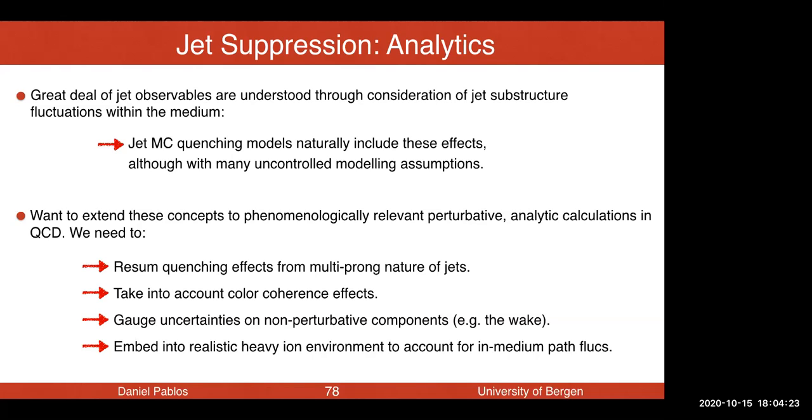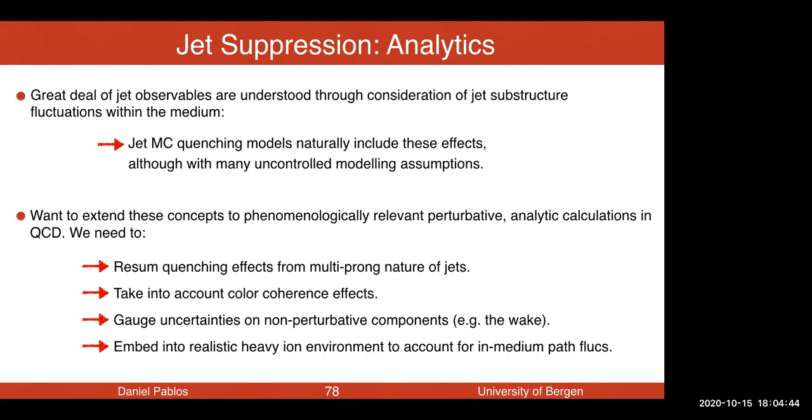You just quench the partons, and sometimes it's a black box. You don't actually know what was going on. Now we realize these jet substructure effects are very important. So it would be great to have an analytic understanding of this. So what we need to do is resum quenching effects that come from the multi-prong nature of jets.